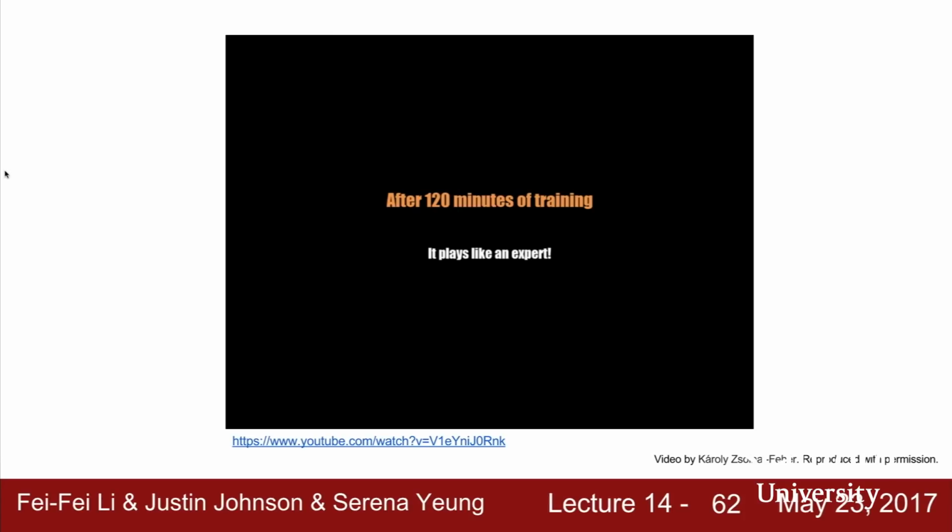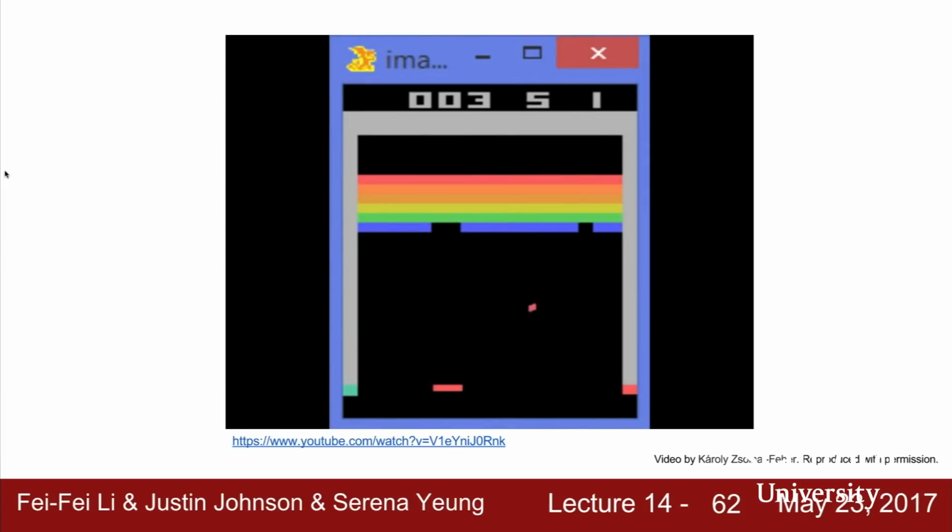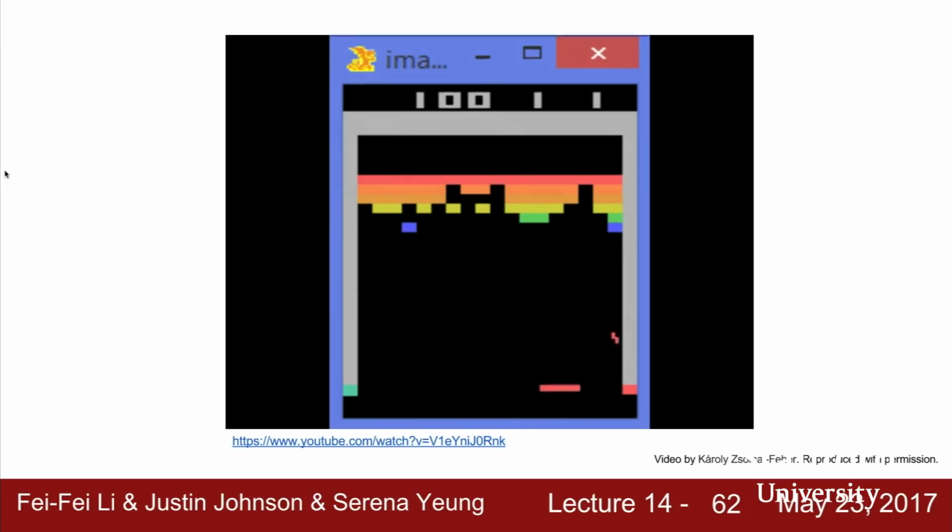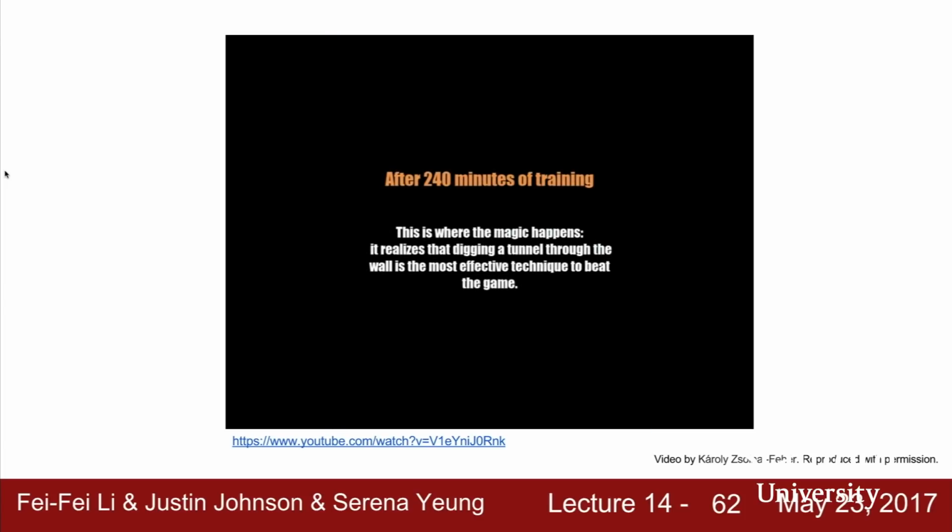Okay, so now after some more training, about a couple hours, it's learning to do a pretty good job here. It's able to continuously follow this ball and remove most of the blocks.